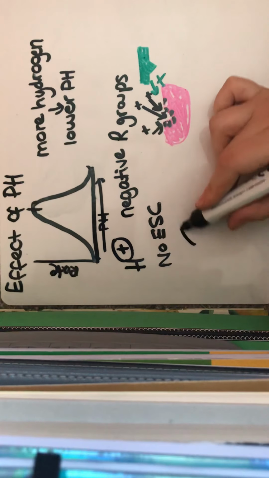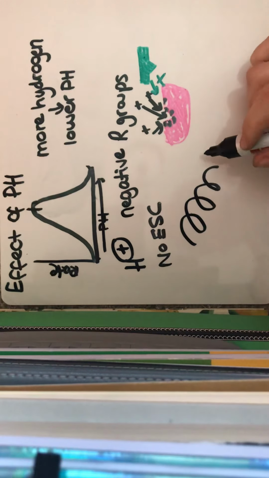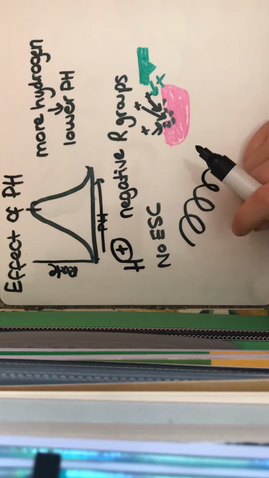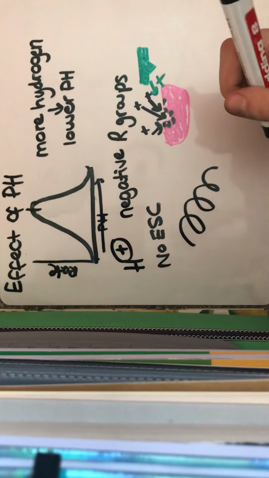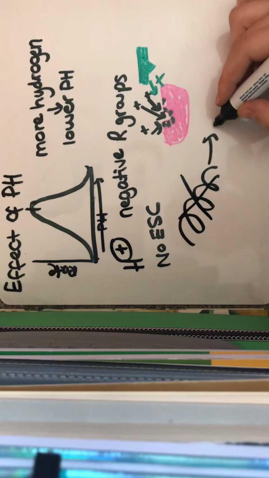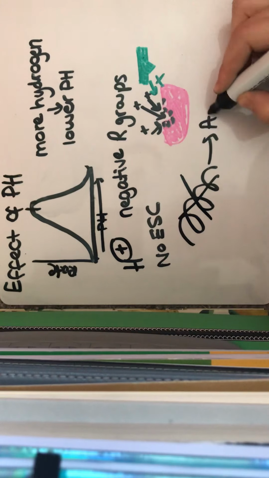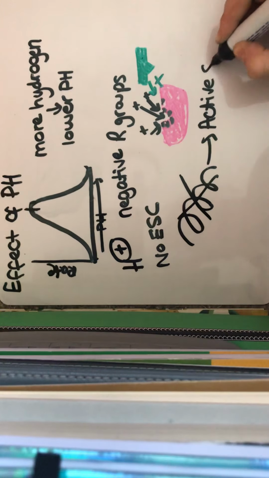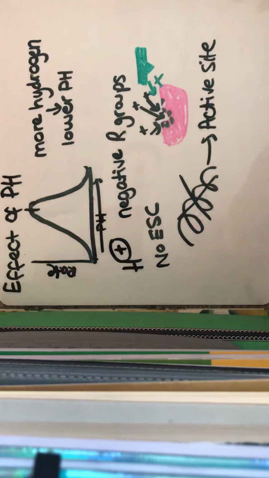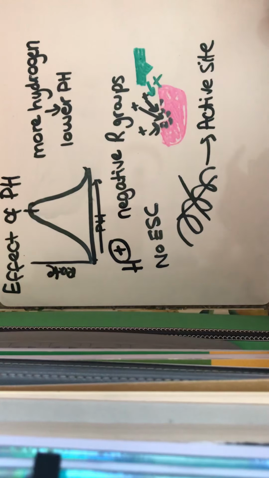So that's going to be distorted. If we have an alpha helix, these excess hydrogen ions will interfere with the bonds, and it's going to change the shape of the active site, because the secondary structure has been changed by the excess hydrogen ions.